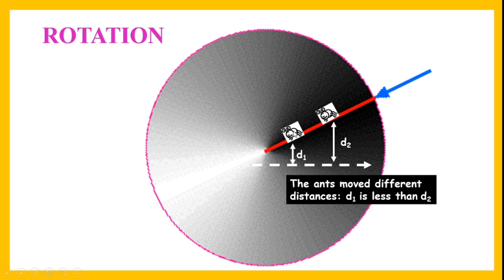Let us say the first ant has moved a distance d1 from its initial position, and the second ant has moved a distance d2 from its initial position. The vertical length is called distance. So the ants have moved different distances. The distance d1 is totally different from the distance travelled by the second ant.